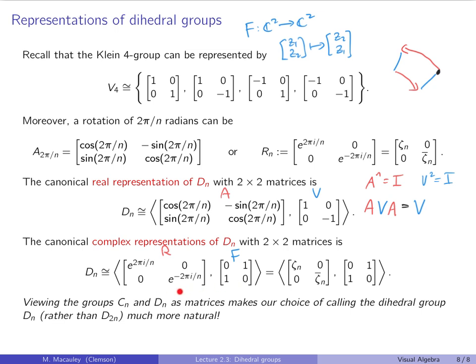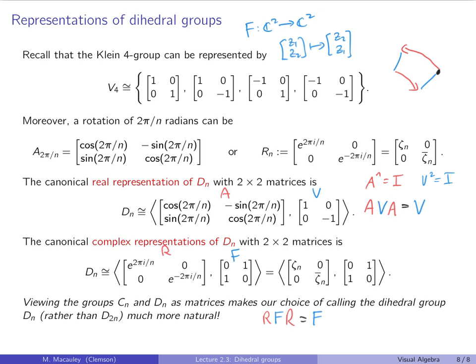these two matrices generate Dn. I think we can all agree that this is a canonical reflection matrix for this reason up here. And this is the matrix R that satisfies the relation R, F, R equals F. And if you change these signs here, it's not going to work.